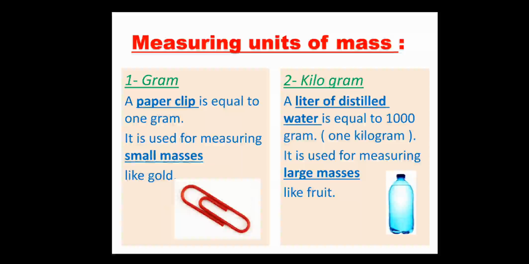Now we are talking about the units of mass. There are two units of mass. Number one, gram and kilogram. The gram is used to measure small masses like gold or silver.